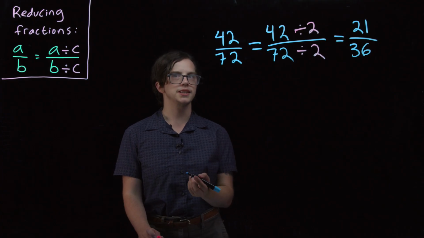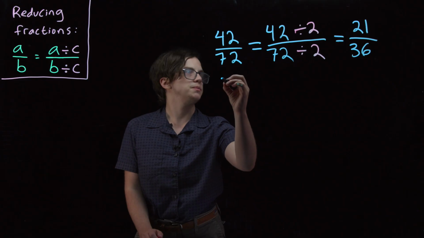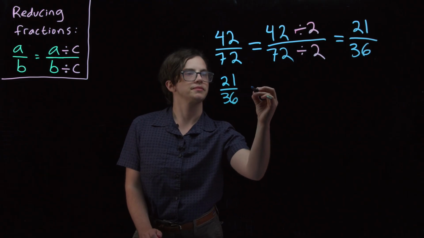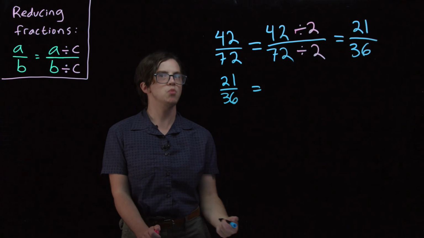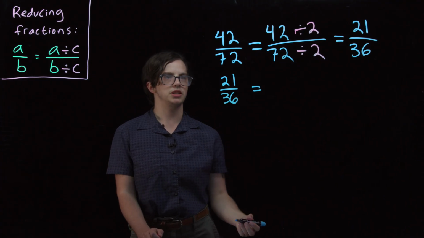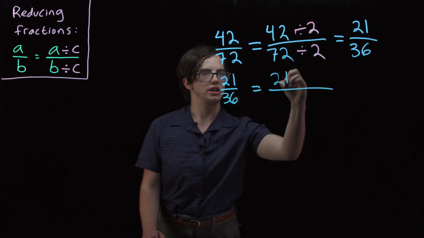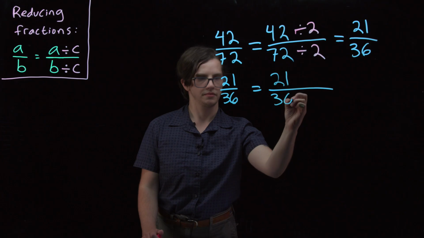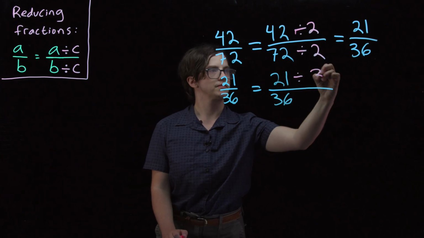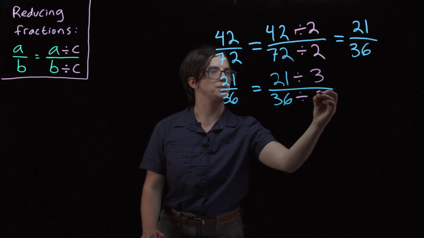So I can do this process again. So I'm going to take my equivalent fraction 21/36, and I'm going to see if I can find more common factors. So I know that both of these numbers are divisible by 3. So I'm going to take my numerator 21 and divide it by 3. And then I'm going to take my denominator 36 and divide it by 3.